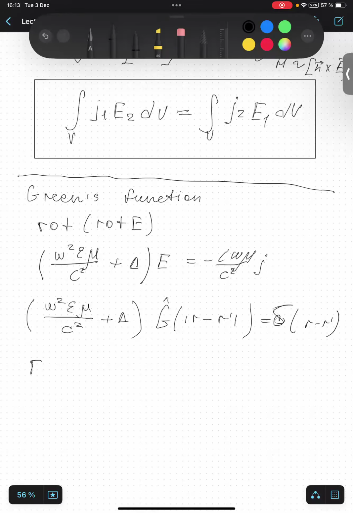So what does our field look like? It's just the integral over the Green's function of r minus r prime, times this part, i omega mu over c squared and also 4 pi.